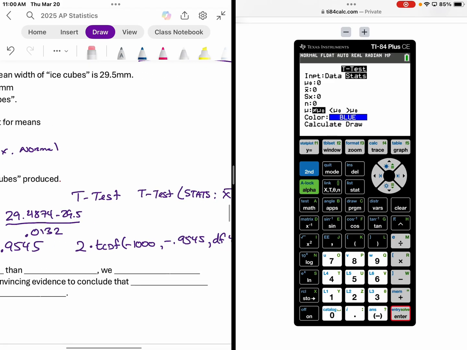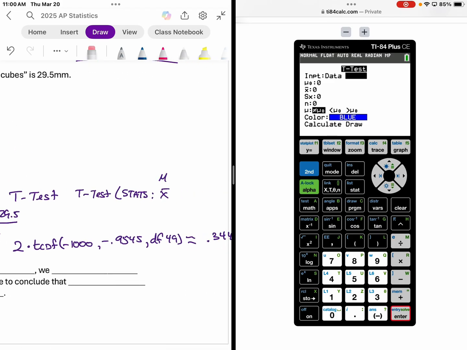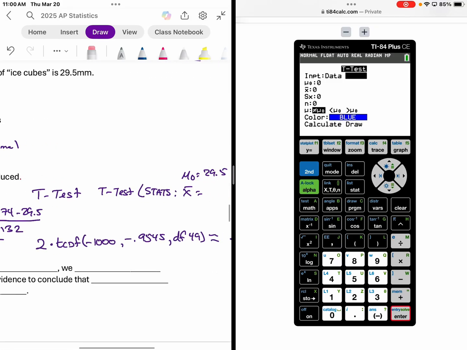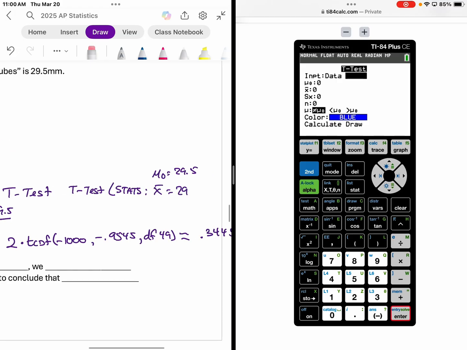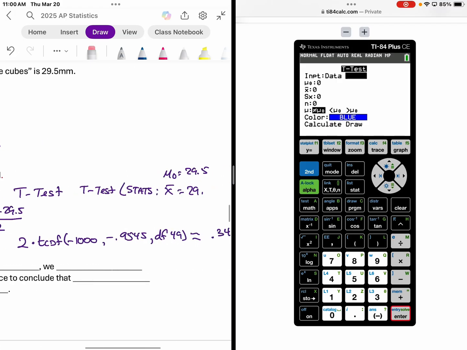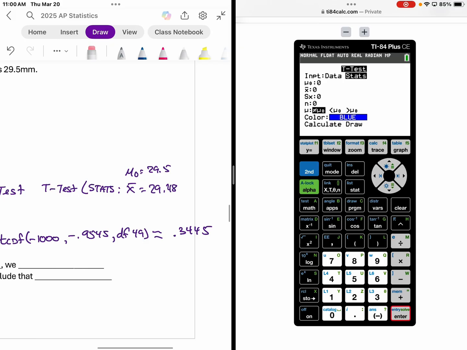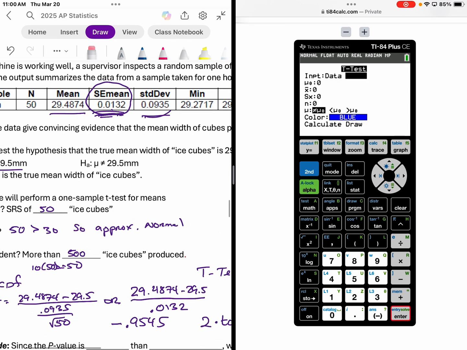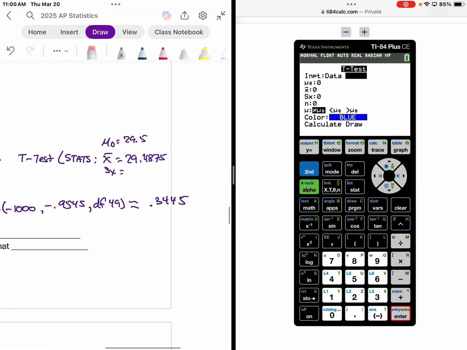There you go. I have to put in my mu naught, so my mu naught is 29.5. My x bar, we said, was 29.4874. My Sx was up on that paper: 0.0935. And I am choosing not equal to the null.